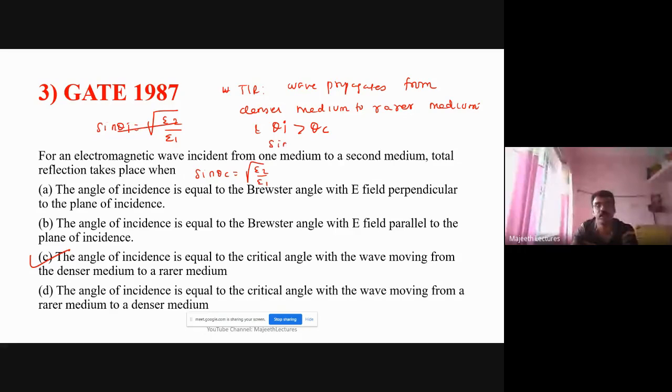So sine theta I must be greater than sine theta C, the critical angle. So the angle of incidence is equal to the critical angle or greater, and the wave should move from denser medium to rarer medium. Right? So this is wrong. So those things are okay.